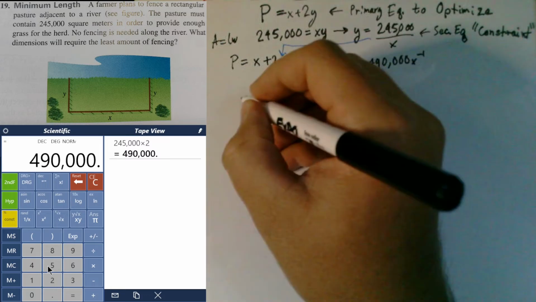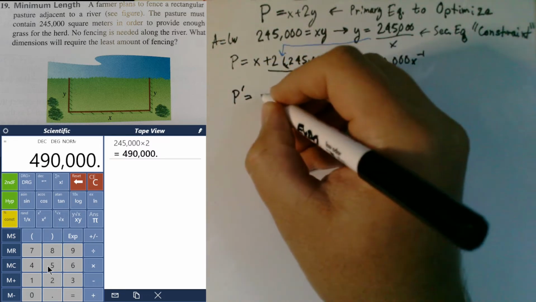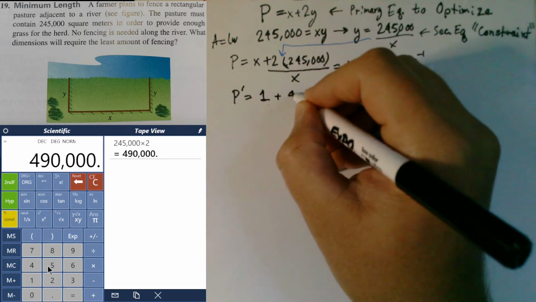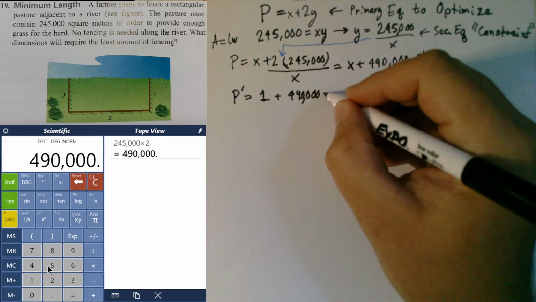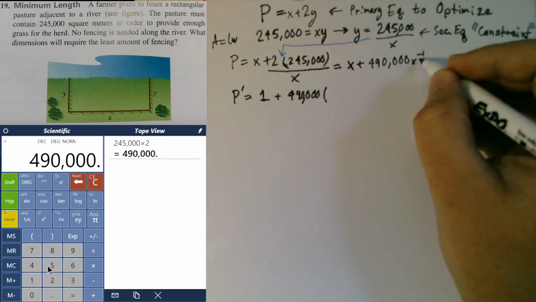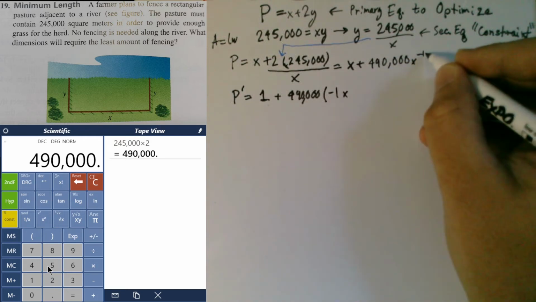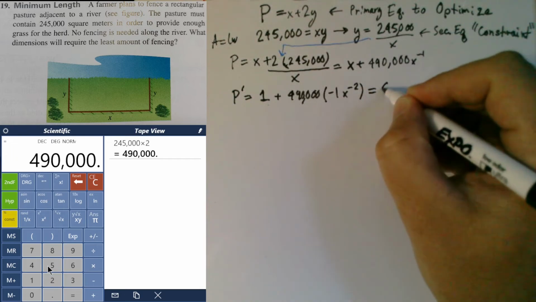We can now differentiate our perimeter equation, and we get derivative of x as 1 plus 490,000 as a constant times, now we differentiate x to negative 1 using the power rule. We get negative 1 times x, subtract 1 from the exponent, to the negative 2 power, and this is now equal to 0.